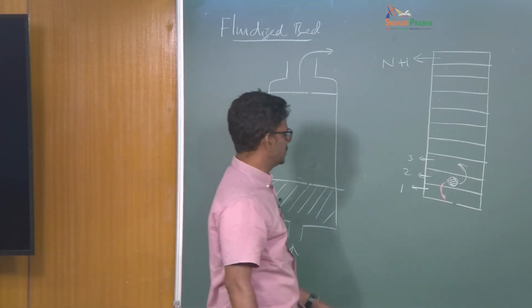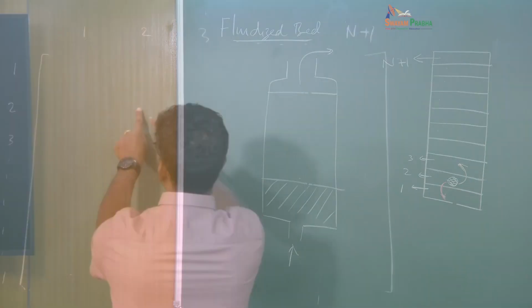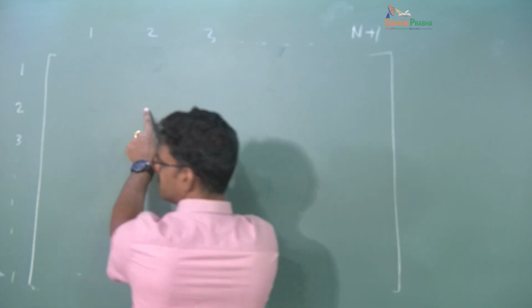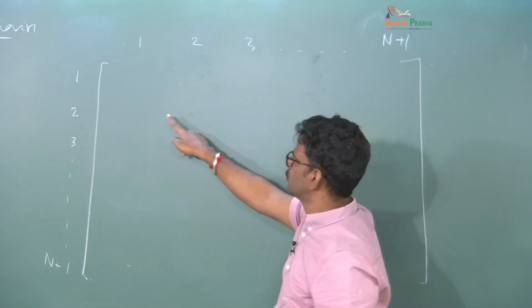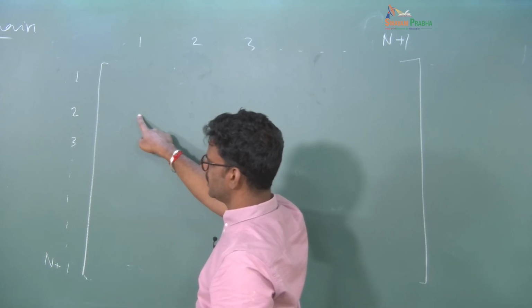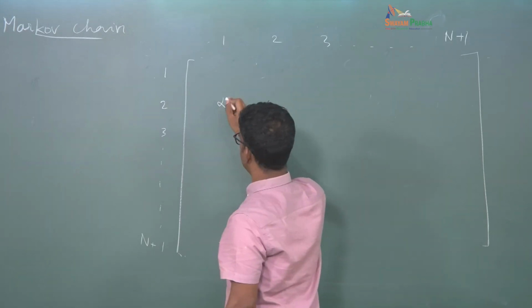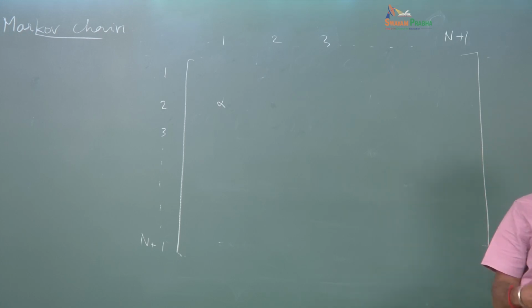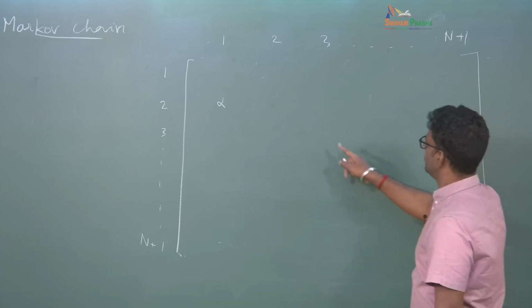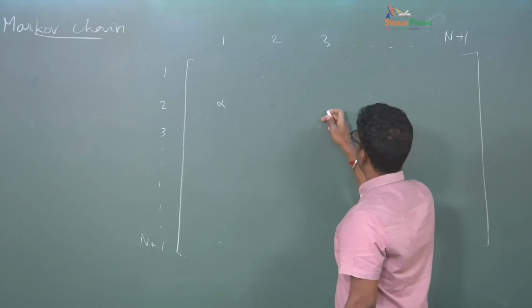So from state 2, it can go to state 1 or it can go to state 3. Those are the two probabilities. From 2 to 1 is going down, and we will consider that as alpha. The probability for it to jump down is alpha because of gravitational force. And the probability that it goes from 2 to 3, an upward jump, I will call beta.